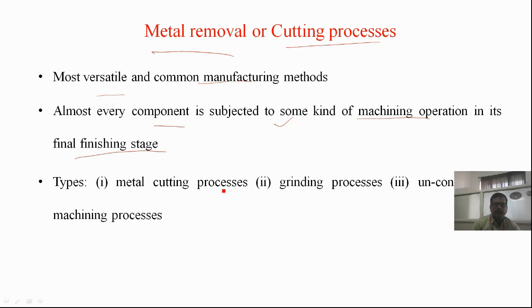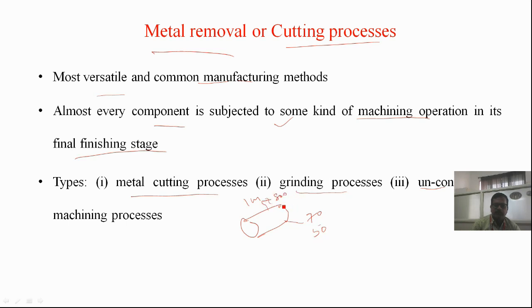There are several metal removal operations. The first one is the metal cutting process, the second one is the grinding process, and the third one is the unconventional machining process. For metal cutting, let us say we have taken a bar with a diameter of 70 mm and a length of 1 meter, and we want to make it 50 mm in diameter and 800 mm in length.